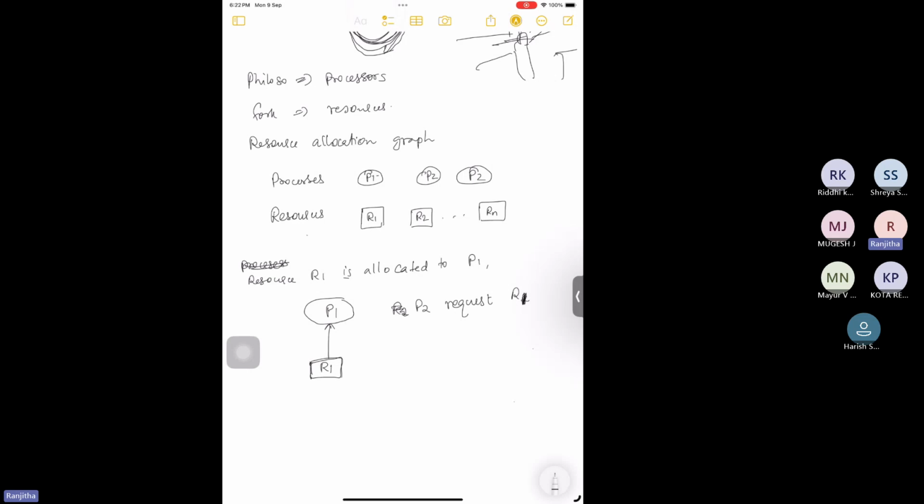Here we know R1 is allocated to P1, and now if P2 makes a request, the arrow will be from P2 to R1, because P2 has requested R1, but it is not given yet. So this is the terminology, or this is how we draw the graph. If the process holds a resource, so it will be process.